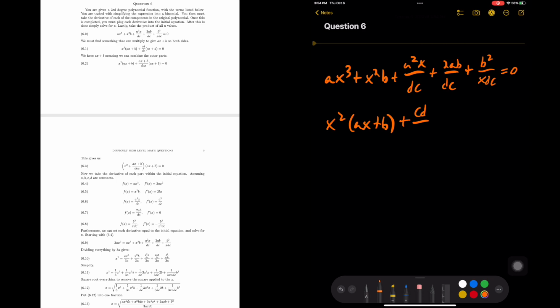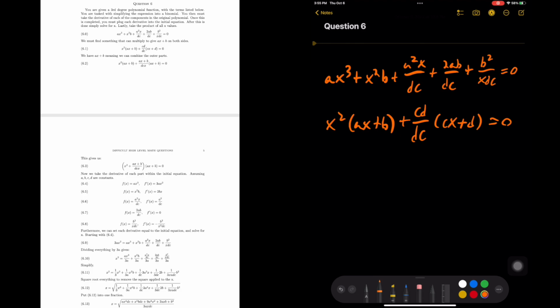It's similar in this case. So we have cd dc times, in this case, instead of ax, it would be cx plus d, is equal to 0. So this is an issue because obviously we don't want cx plus d, we want ax plus b. So what we can do is combine the outer parts together, and we can find a different formulation in which we can arrive at ax plus b.